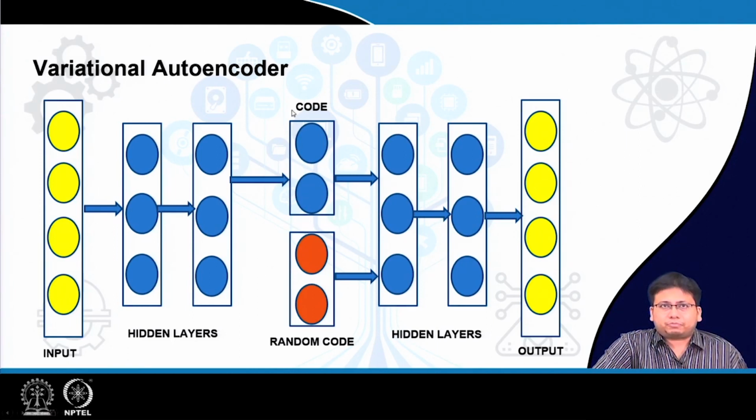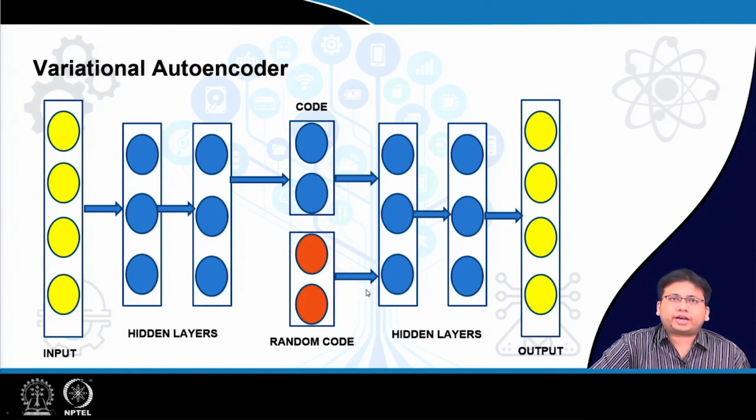If the probability distribution from which you are sampling the code is identical to the distribution of the statistical properties of the codes which you get from actual data, then you will be able to generate new output which has the same statistical properties as the original data set, even though it may not be identical.